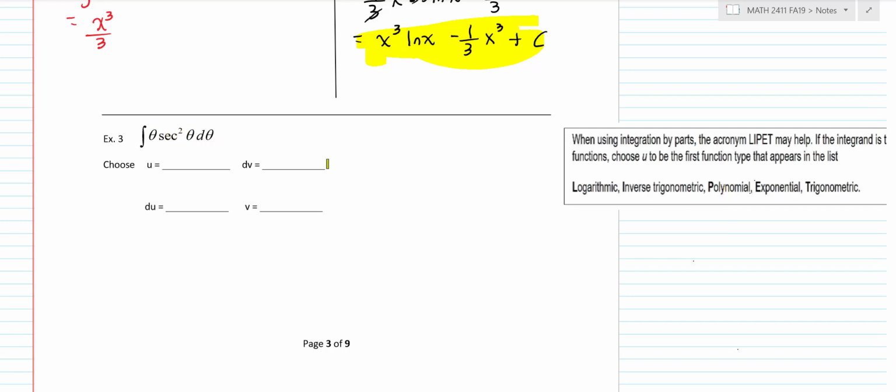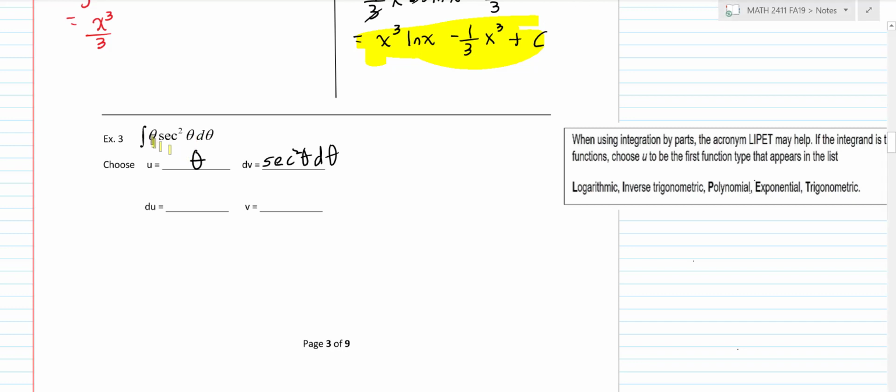And then secant x squared would be trigonometric, like this. So what we're going to do on this one is we're going to look at this. Remember, dv ought to be something that's easy to integrate. Well, what's easy to integrate is the secant squared of theta d theta. Why? Because the integral of secant squared theta is tangent theta. So that's real easy. So we're going to put this together like that then.